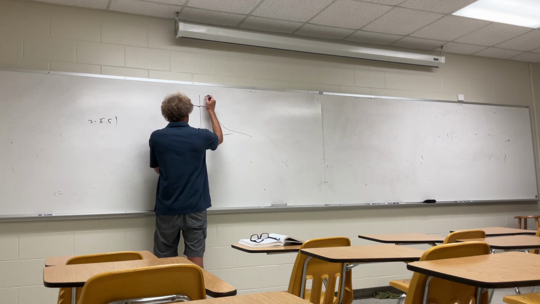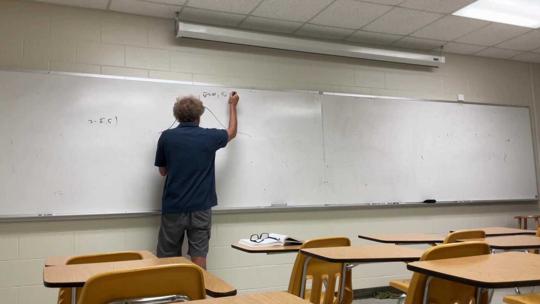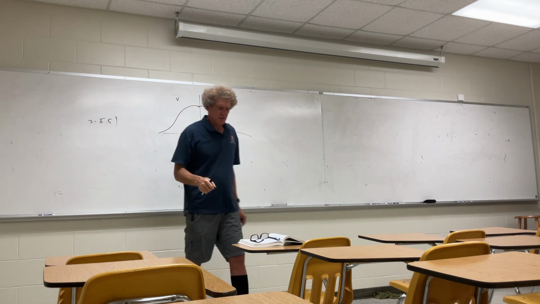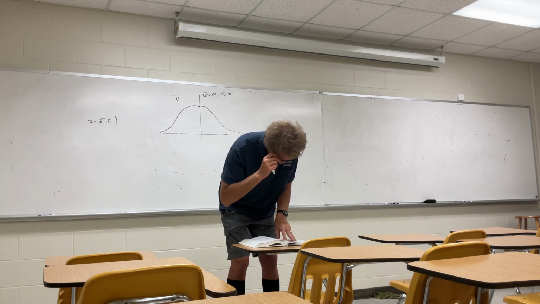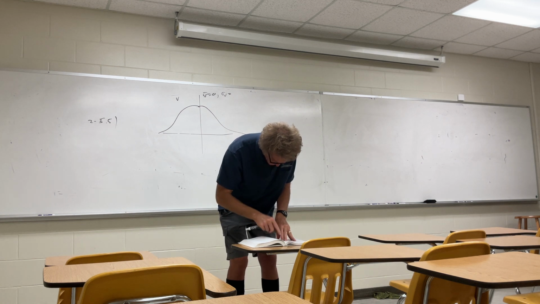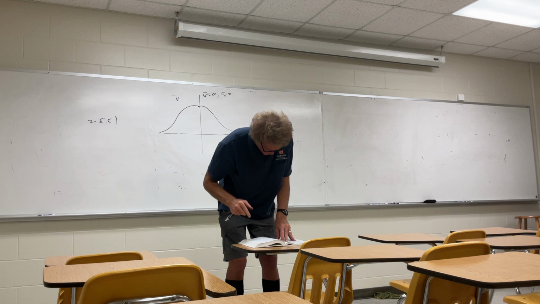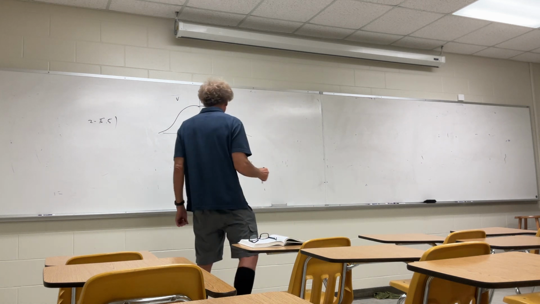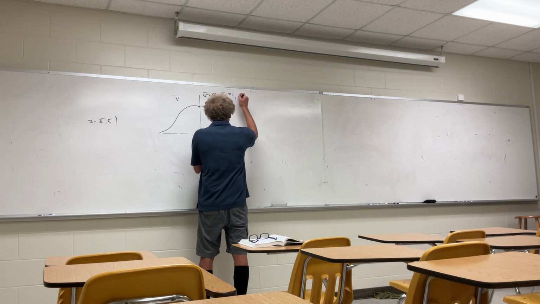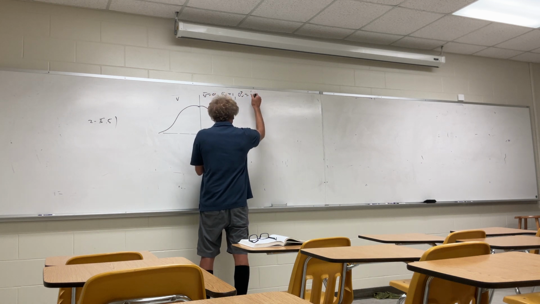The mean value V bar is 0, and the variance is 1, which is the same thing as standard deviation 1, so sigma squared of V is 1.